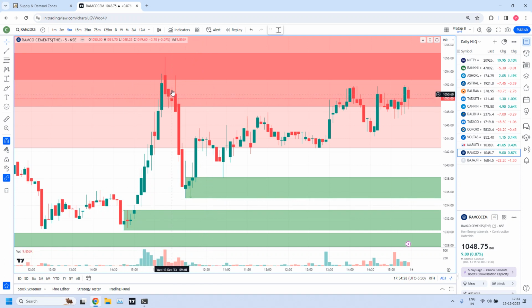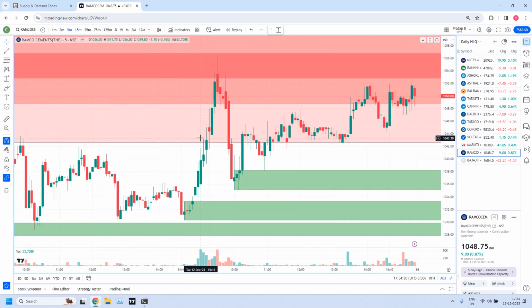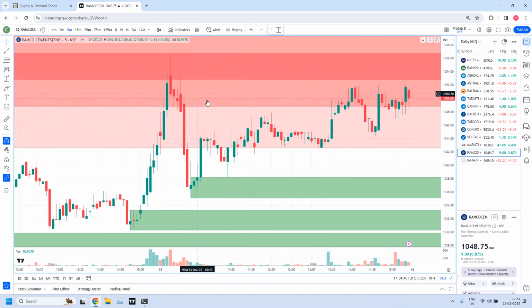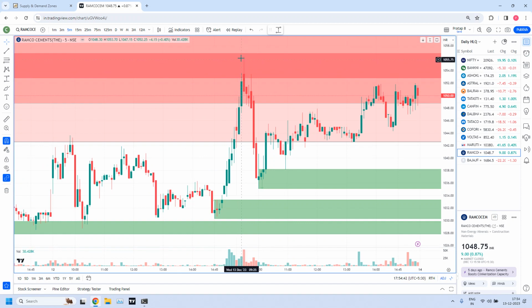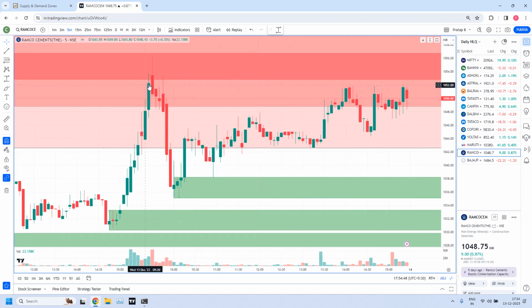Yesterday only we discussed this. In yesterday's video, during the analysis, I explained about this. See the fine-tuned 5 minutes area it reached, and see how it gave a rejection and then pushed the prices. If anybody missed this, it gave one more trading opportunity, a short opportunity at the 9:45 15-minute candle.